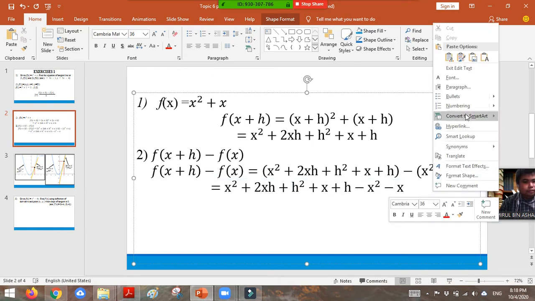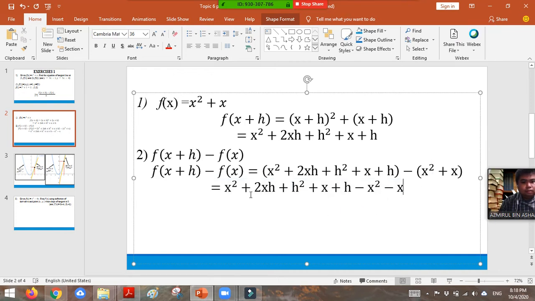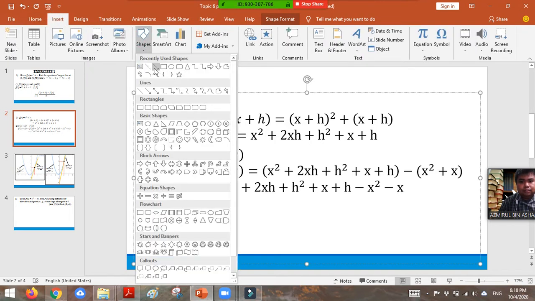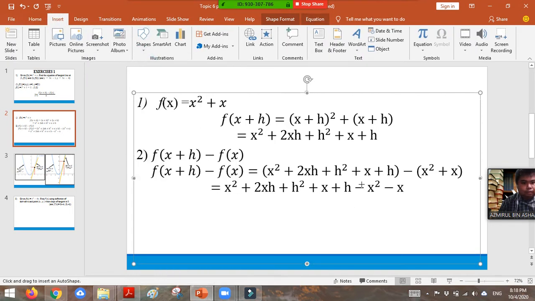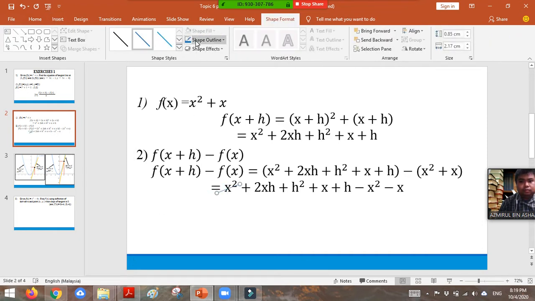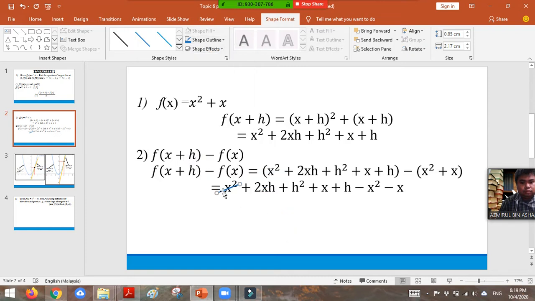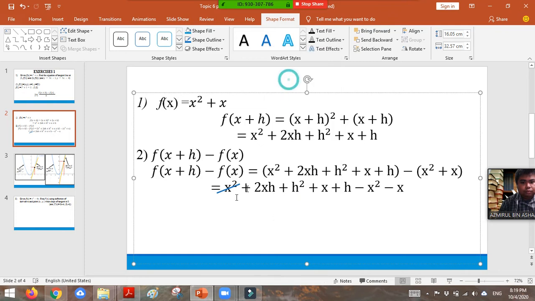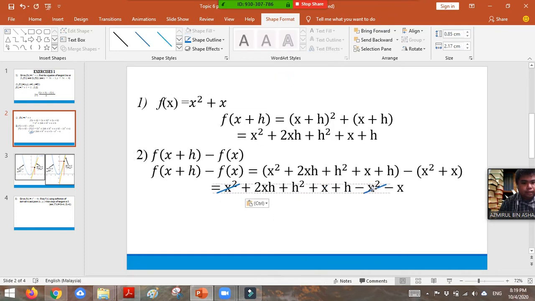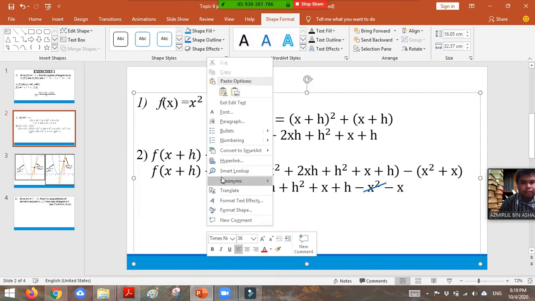Okay, for this one, you can eliminate x2, which is negative x2, x power of 2, then negative x power of 2.